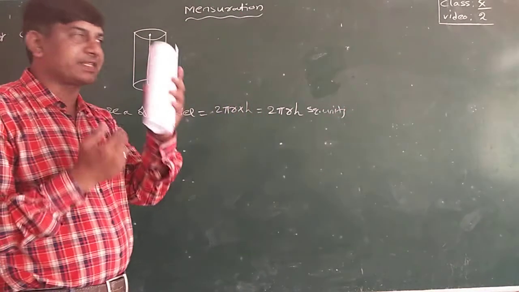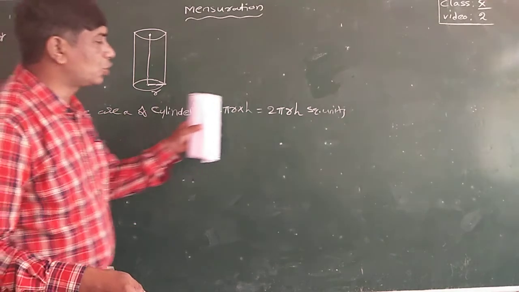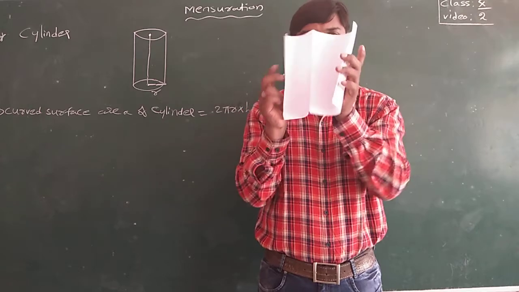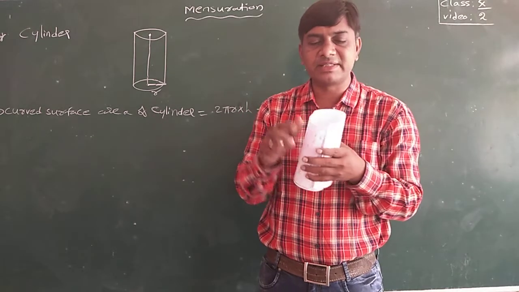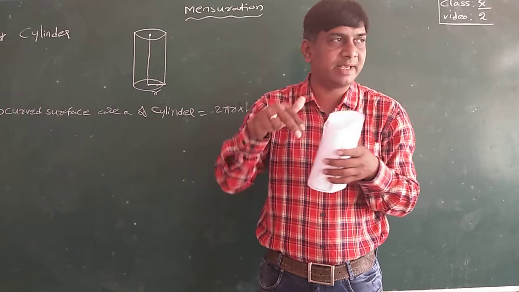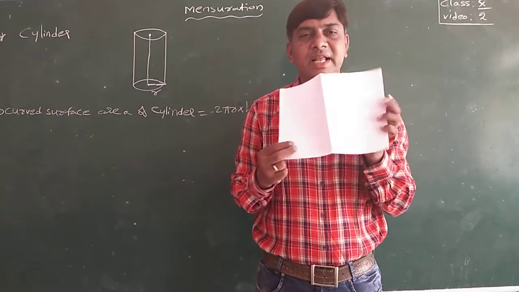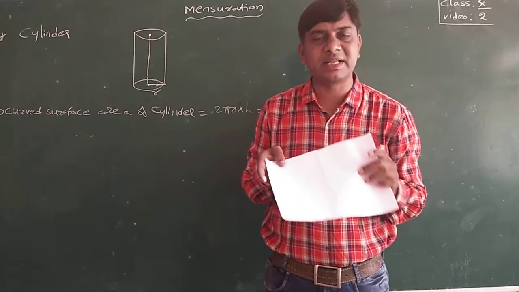CSA of a cylinder is equal to 2 pi r h. How did you get 2 pi r h? When the cylinder is opened, I got a rectangle. The circumference of the base becomes the length of the rectangle, and the height becomes the breadth of the rectangle.